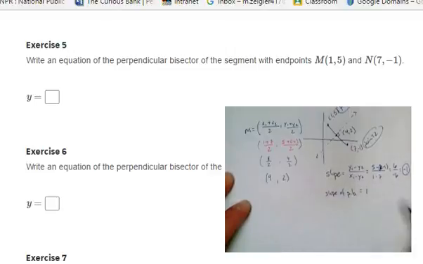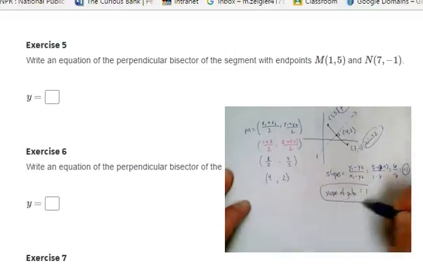The reason for that is that the negative reciprocal of a number is the number you multiply by it to get negative 1. When it's a fraction, we flip it upside down and change its sign, but in this case it's easy to see that negative 1 times 1 is negative 1. So there's our slope.